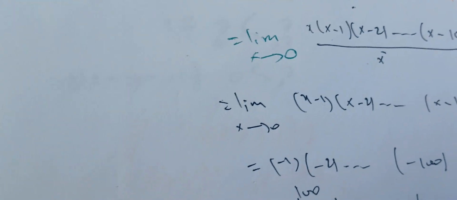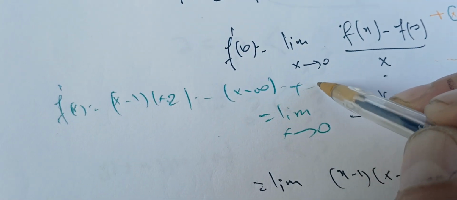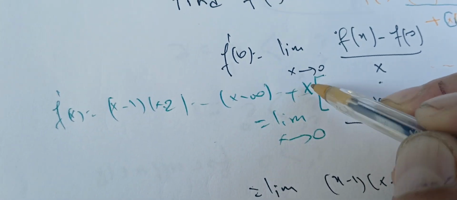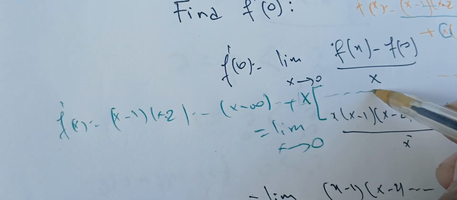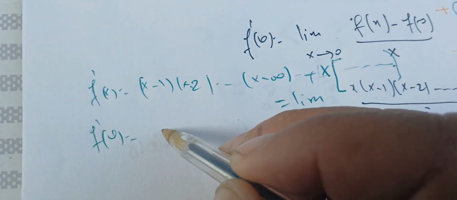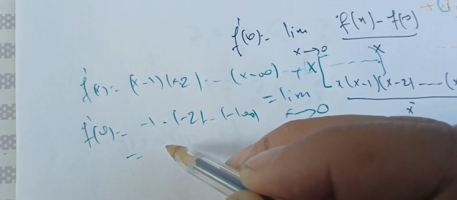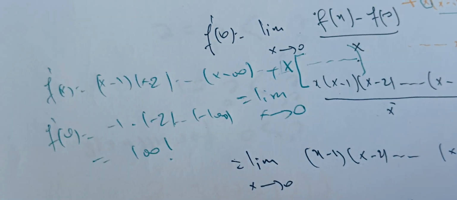Let me move here and write it because it's not clear. So f prime of x will be (x minus 1) times (x minus 2) times ... (x minus 100) plus the other ones, which have this x that I can factor by. When I plug in 0, f prime of 0 is minus 1 times minus 2 times minus 100, which is 100 factorial, as we did.